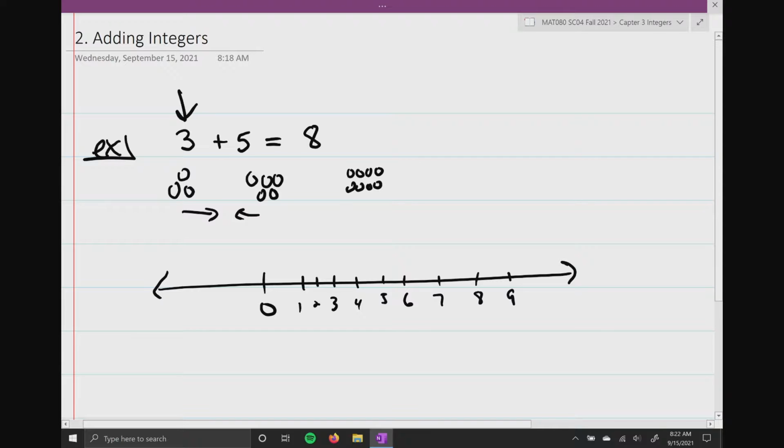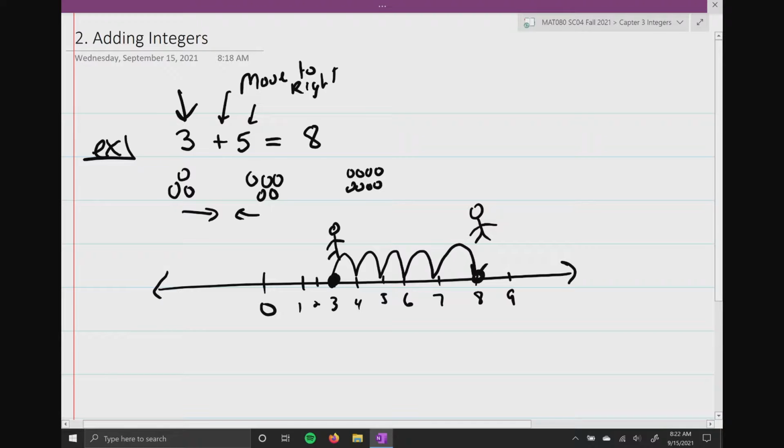So I'm going to pretend that I'm standing at number 3. Second thing, reading left to right, it's 3 plus. Well, this tells me to move to the right because I'm going in the positive direction. And then the 5 tells me how many units I need to move. 1, 2, 3, 4, 5. So now I'm standing at 8, and that's my answer.